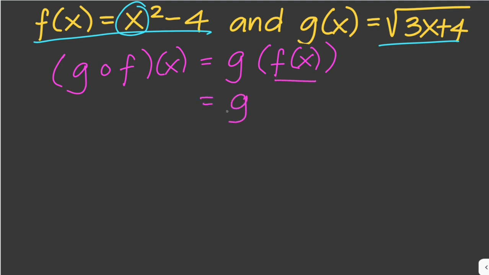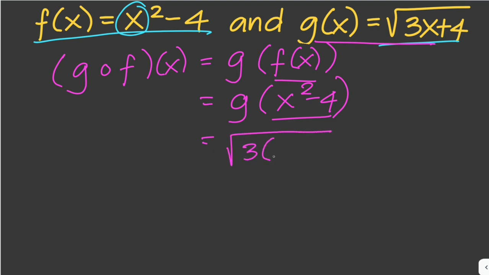So this would be g of x squared minus 4. That means that for function g, we replace the value of x as x squared minus 4. So this would be square root of 3 times x squared minus 4 plus 4.